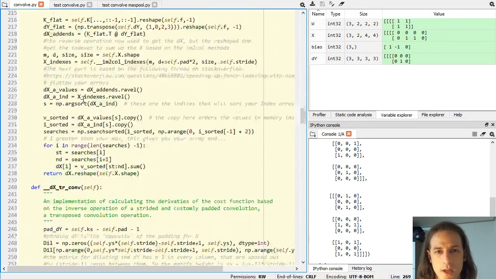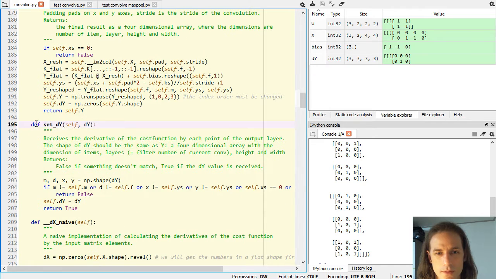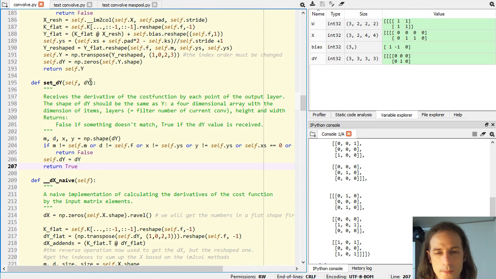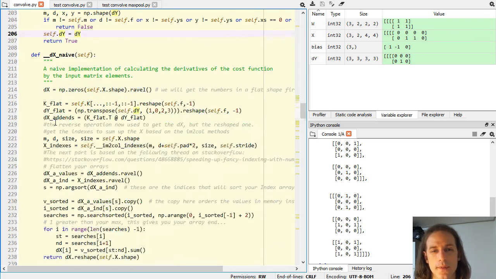So we get dy. We have this very short set dy algorithm here. It only checks that dy has the right size. Then this instance of the object will store this dy value.